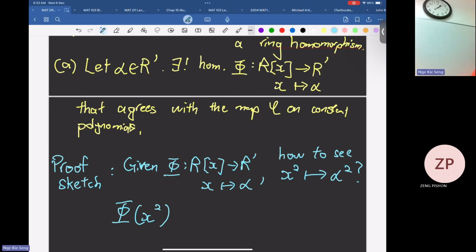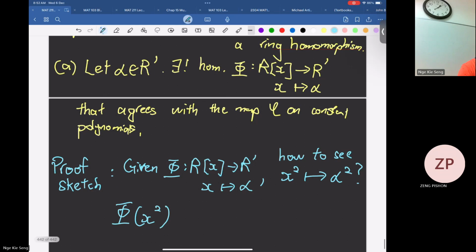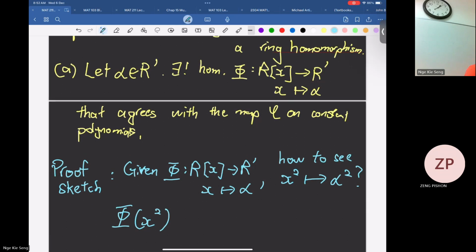What should this equal to? What's the property here? Φ is a homomorphism. This word is very important here. It's not just a random map. It should be a homomorphism, meaning Φ has to satisfy Φ(x squared) equals Φ(x) times Φ(x). And then we know where Φ(x) goes. It is just alpha. So alpha times alpha is alpha squared.